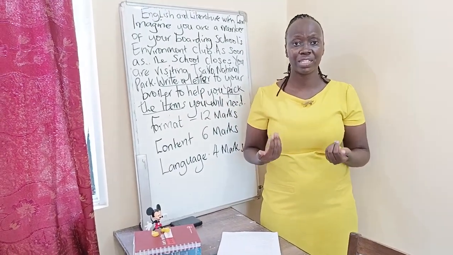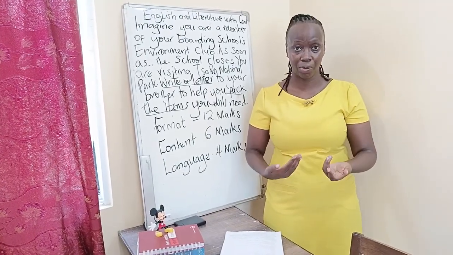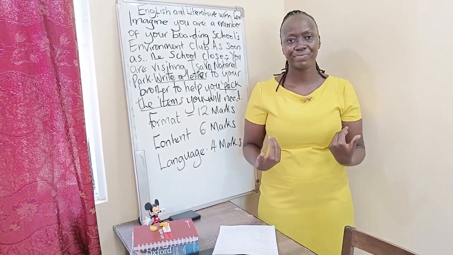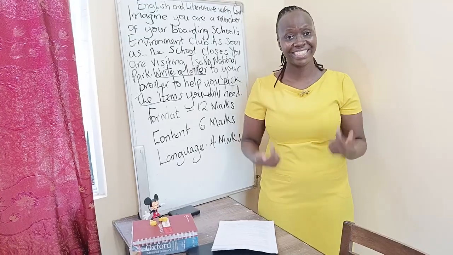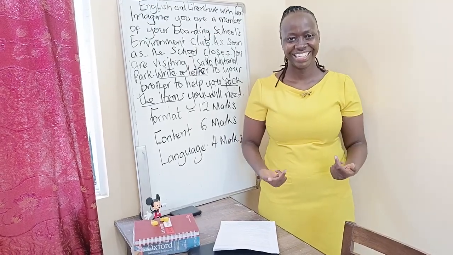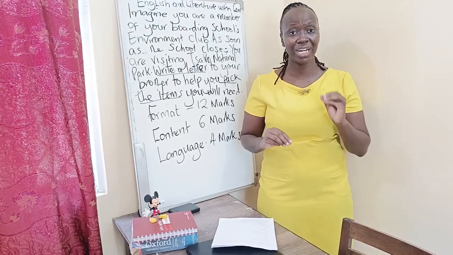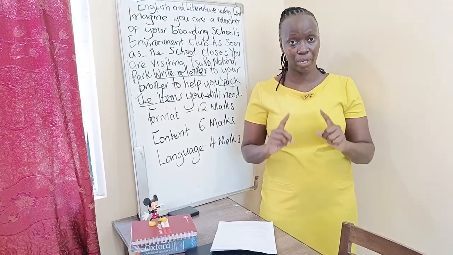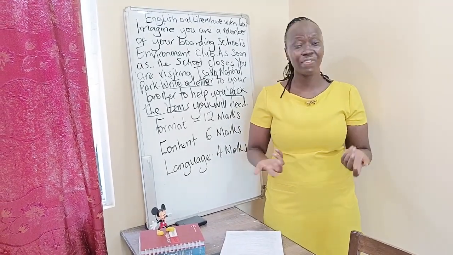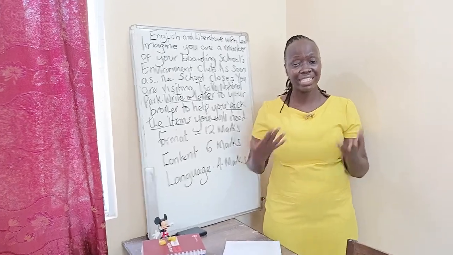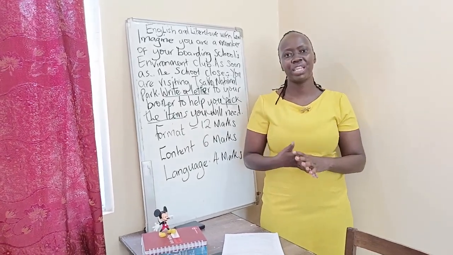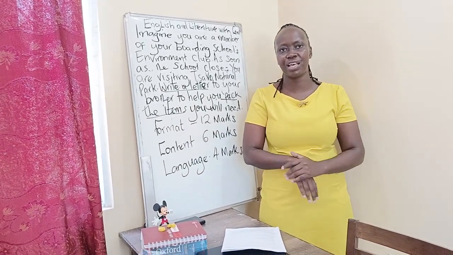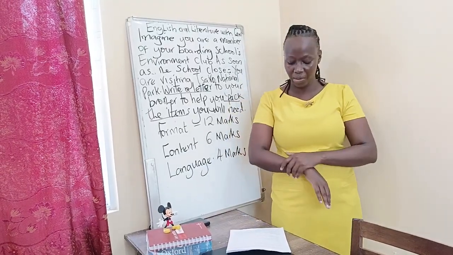So you can say, for example, dear Michael. Maybe Michael is my brother. So I can say, dear Michael. So I am calling him out because I know him. He's my brother. So give a name to your brother. Dear Alvin, for example. Because you know the name of your brother.